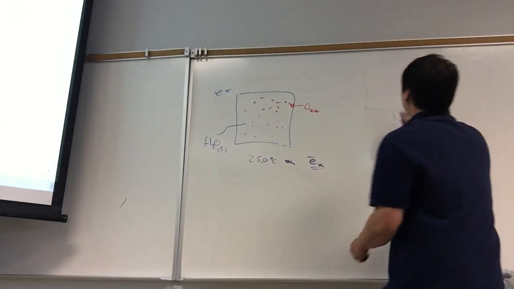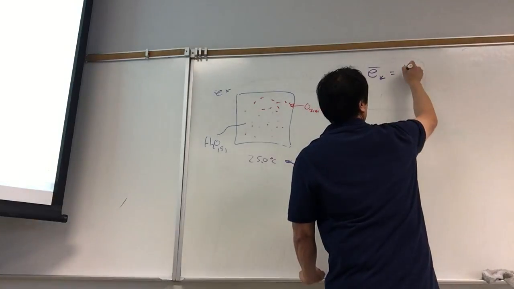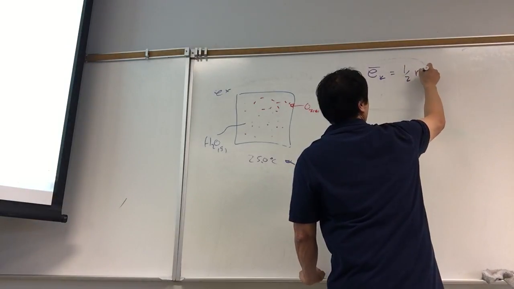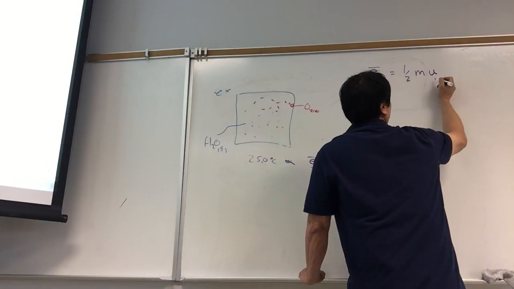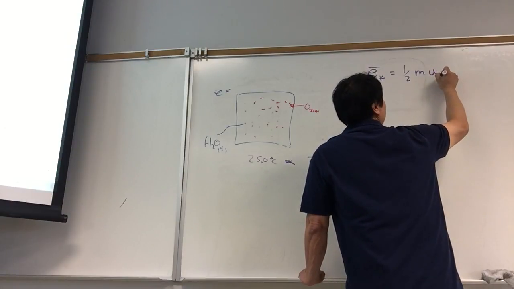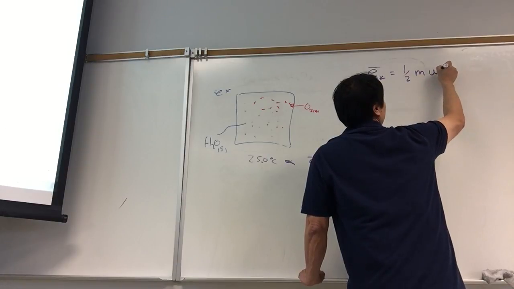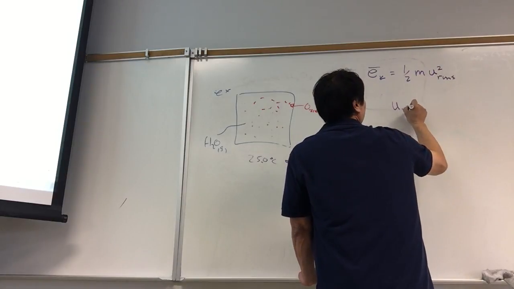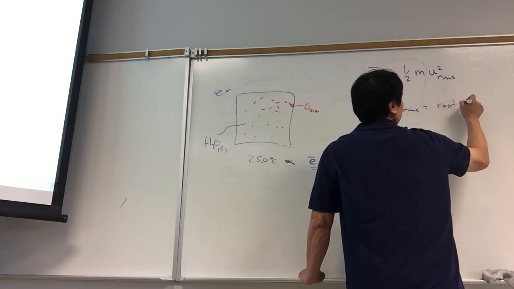Kinetic molecular theory, the average kinetic energy, E bar K, is equal to 1/2 times the mass of the molecule times the velocity. But it's not the average velocity, it's what we call the RMS velocity. And it's going to be squared. U RMS is equal to the root mean square speed.